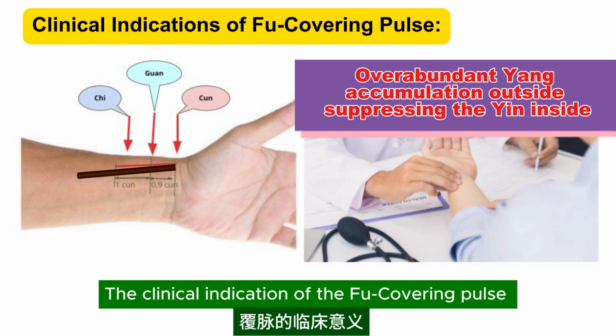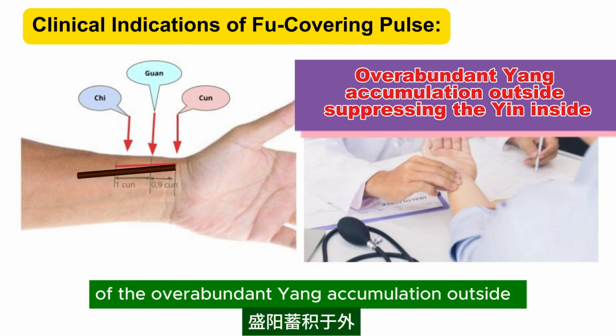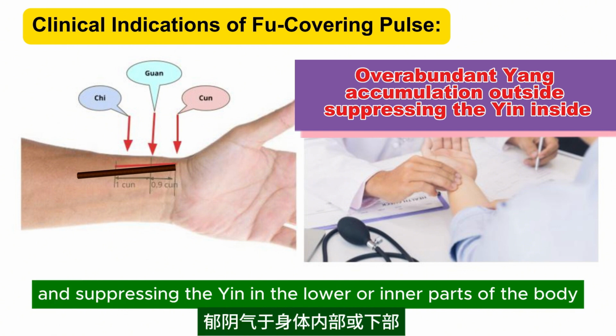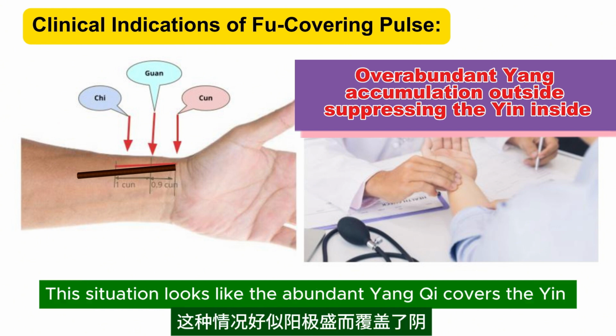Clinical indication of the Fu covering pulse is similar to the syndrome of the over-abundant yang accumulation outside and suppressing the yin in the lower or inner parts of the body. Thus, the yin cannot interact with yang qi.